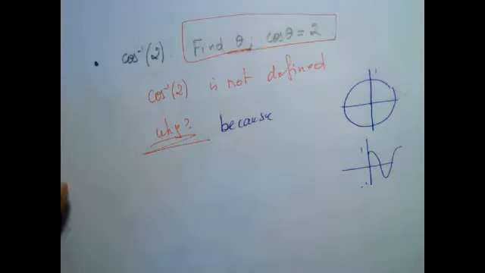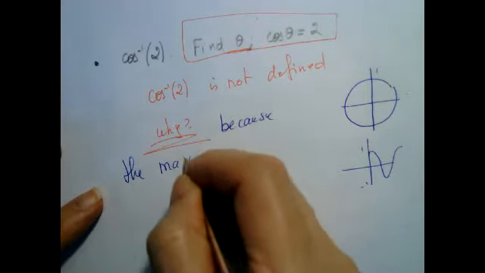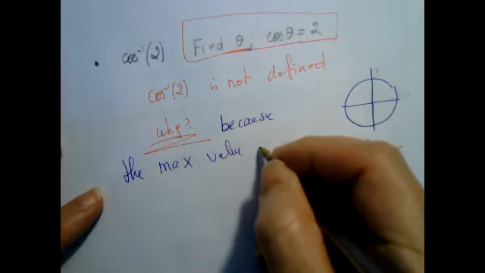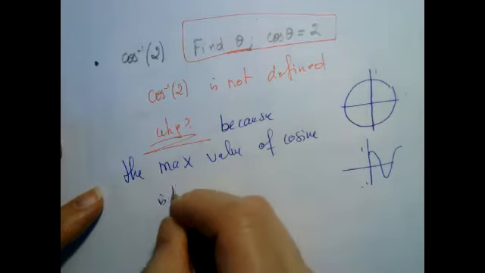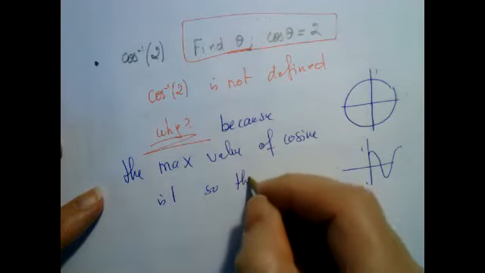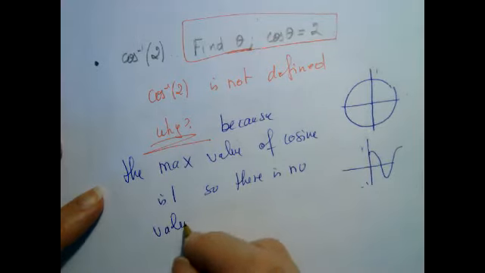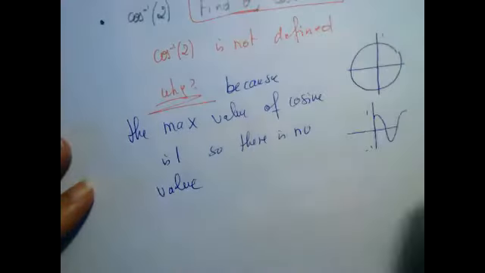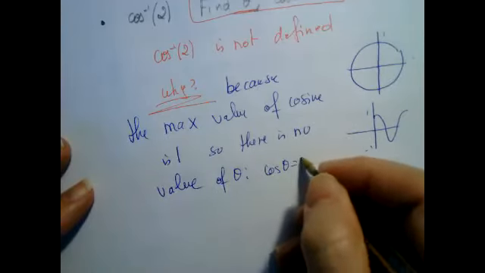So cosine inverse is not defined because the maximum value of cosine is 1. So there is no angle theta whose cosine is equal to 2.